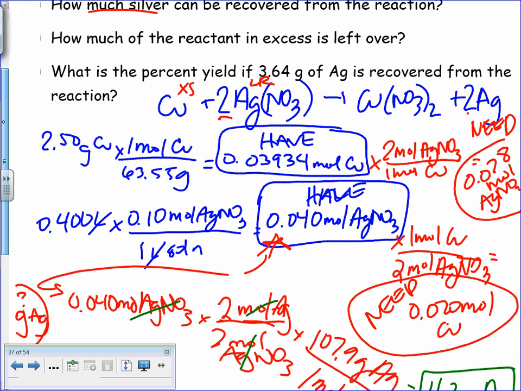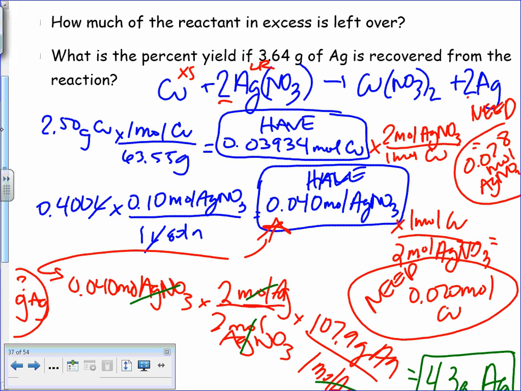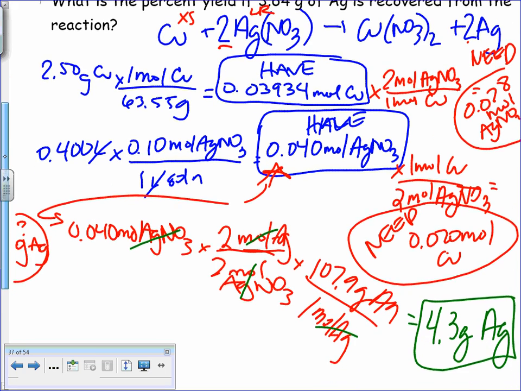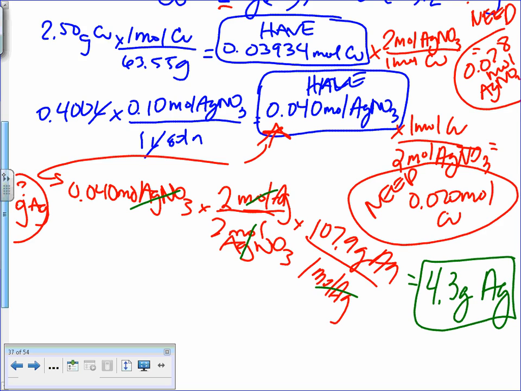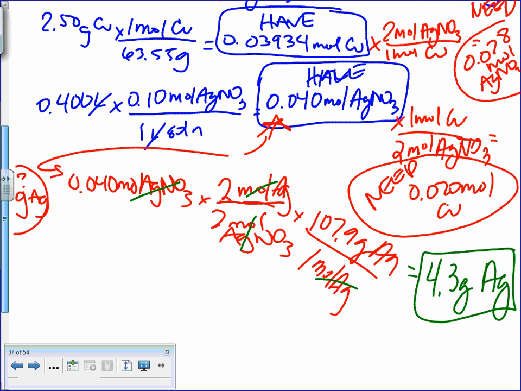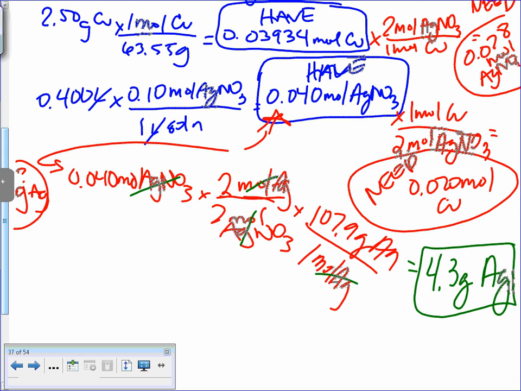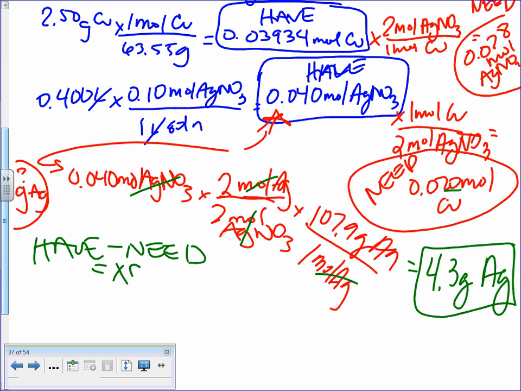All right, so next one. How much of the excess reactant is left over? Who's your excess again? The copper. How much do I have of the copper? And how much do I need of the copper? So that's 0.2 right there. So then you said have minus need gives you excess left over, right?